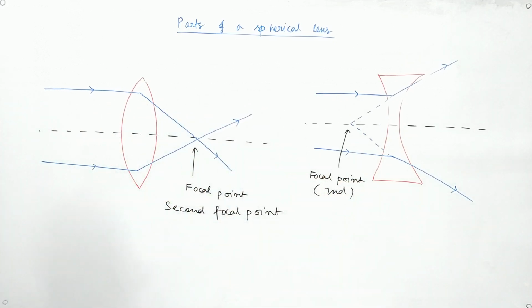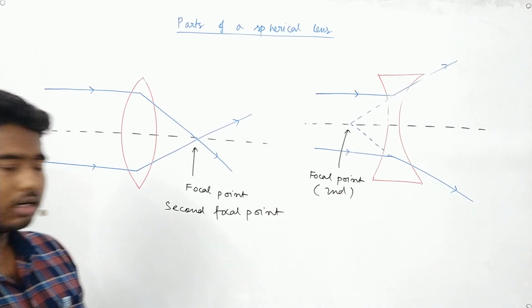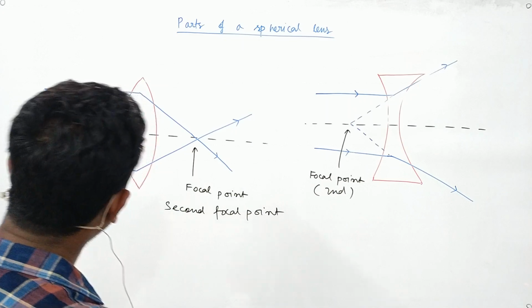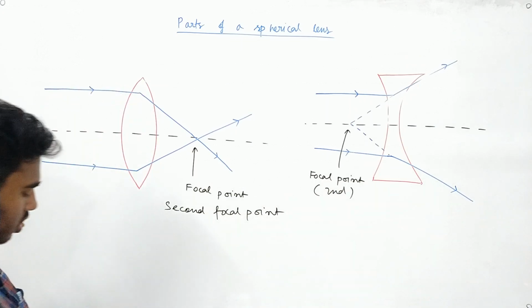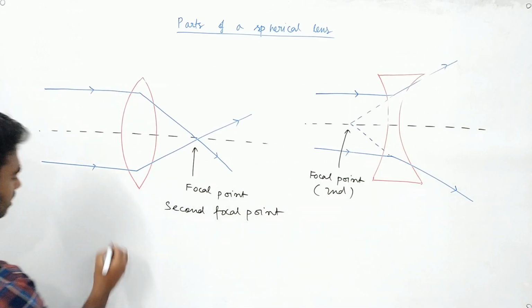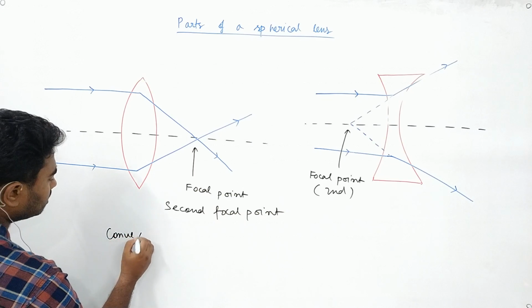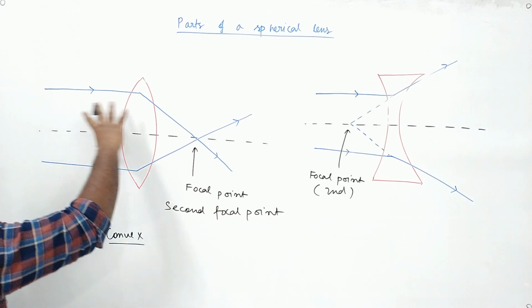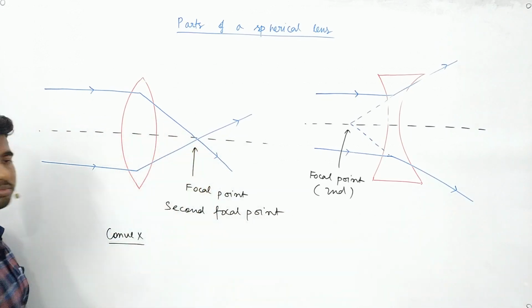I hope the concept is clear. Now we must understand one thing clearly: in case of a convex lens, the rays of light will actually meet at this point.